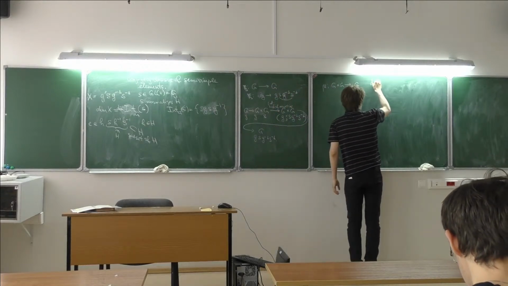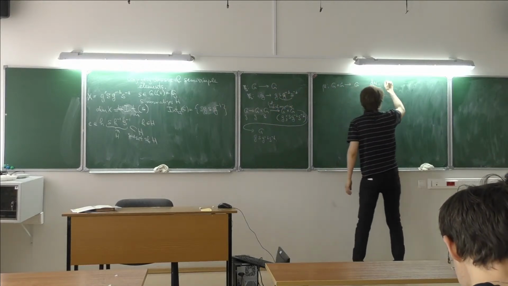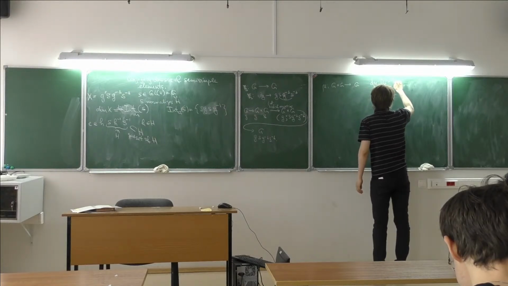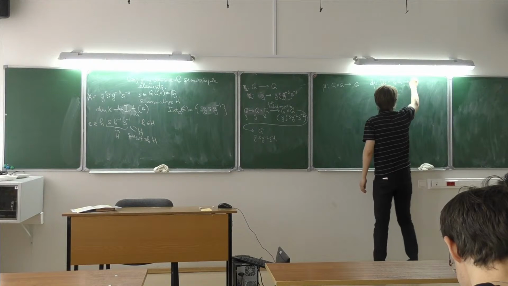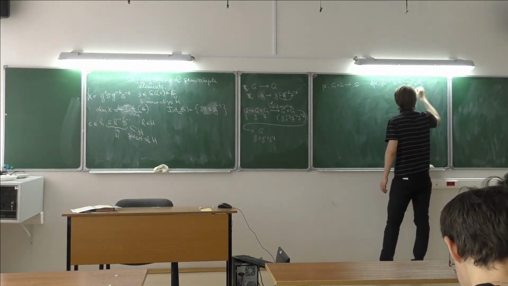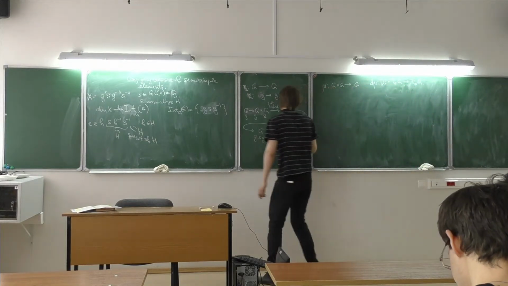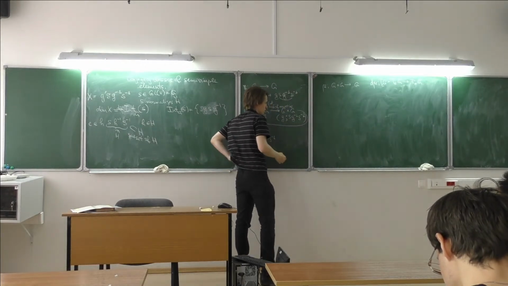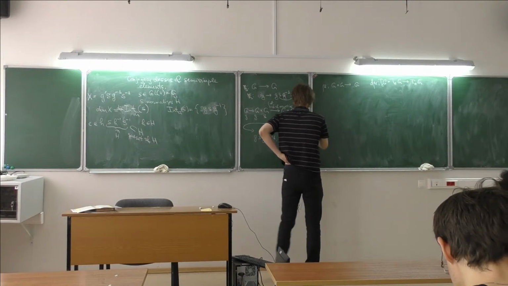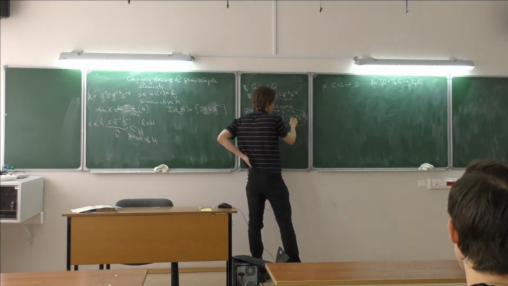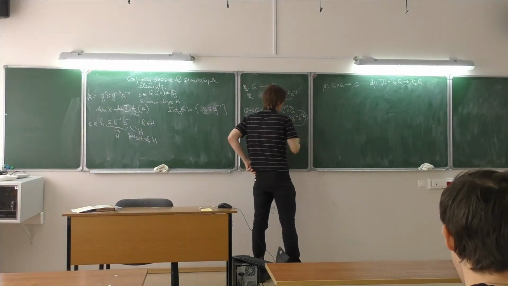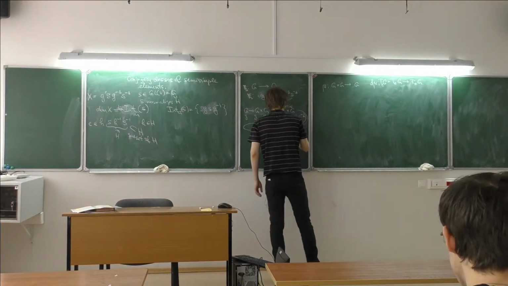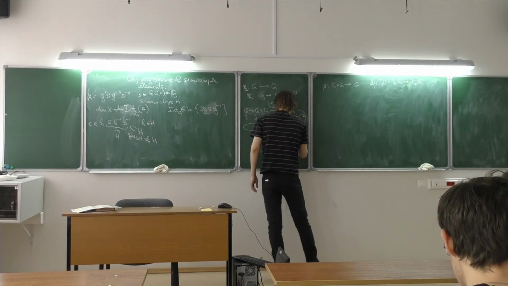So this corresponds to the tangent space. And here you have this map which is the adjoint action of S on G, so on the element g.